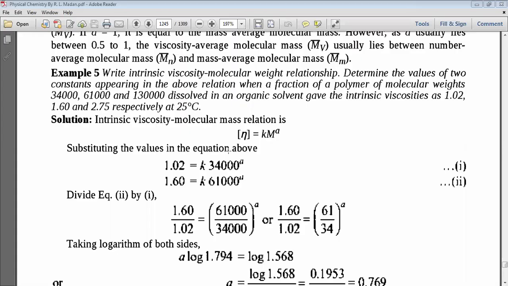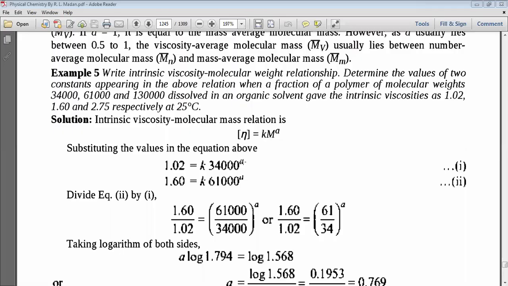Substituting the values in this equation, with corresponding intrinsic viscosities 1.02, 1.60 and 2.75: 1.02 equal to K into 34,000 to the power a, and 1.60 equal to K into 61,000 to the power a.